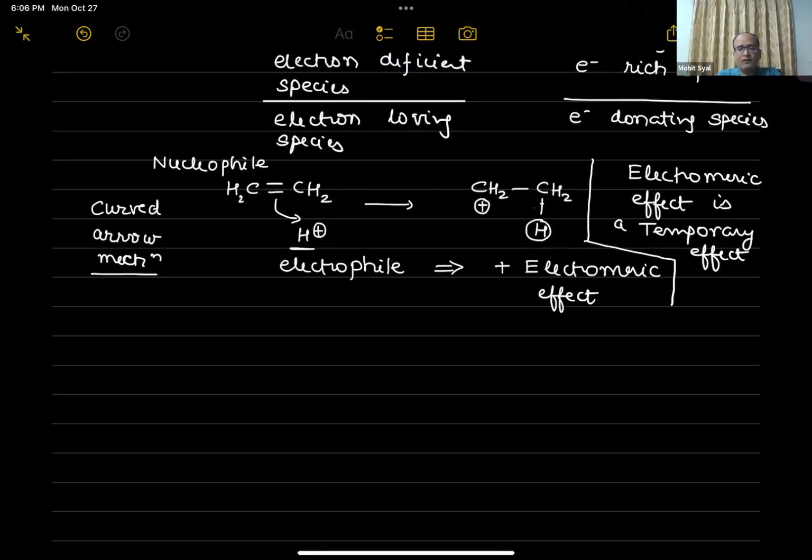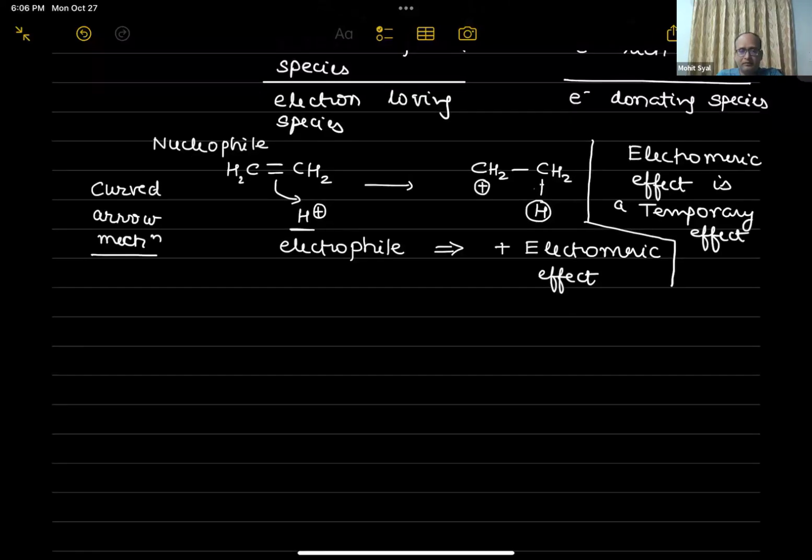A lot of things we have seen in this. The whole story is depicted by putting arrows, and this style is known as the curved arrow mechanism. The arrow is put from the source of electrons to the destination where the electrons are reaching.